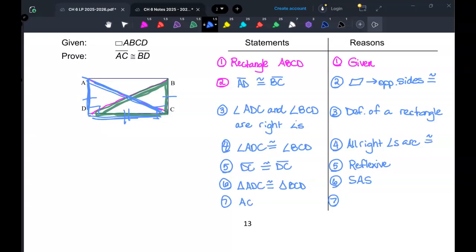So AC is congruent to BD through CPCTC. For the last step, you don't do a rectangle, because that's what we started with. That's what we had to prove. We had to prove those two sides were congruent based on the fact that we had a rectangle.